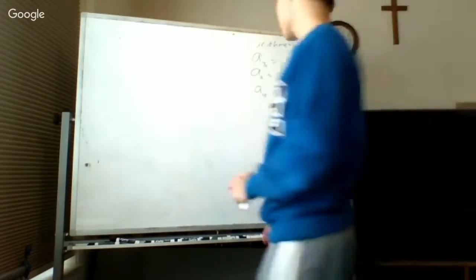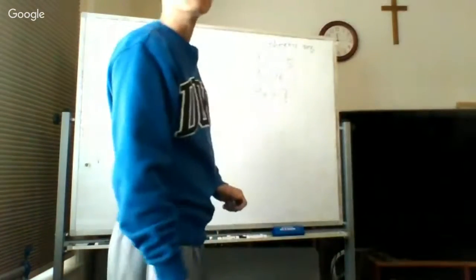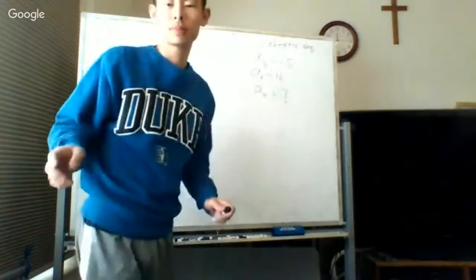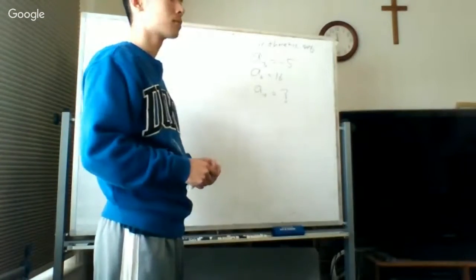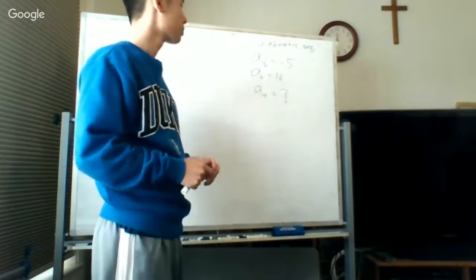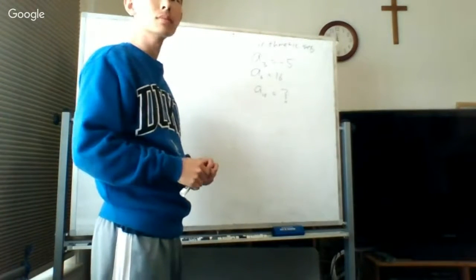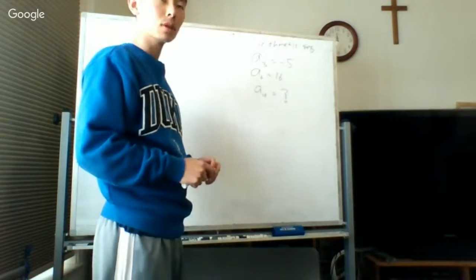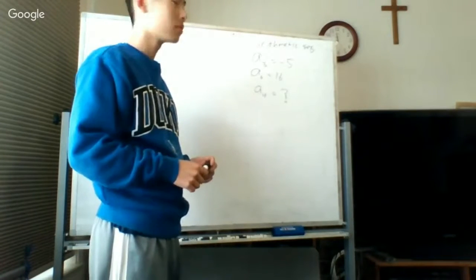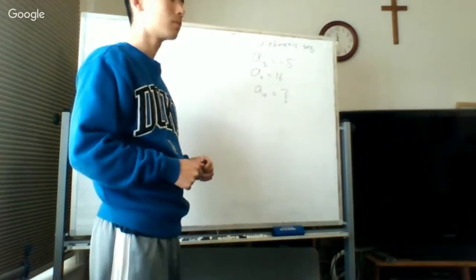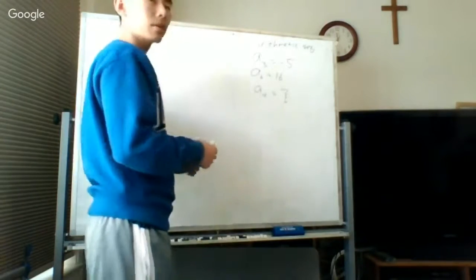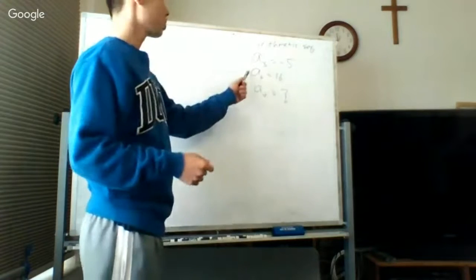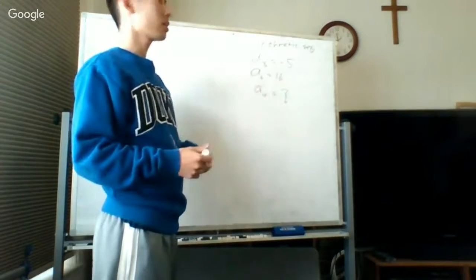Okay, so let's just go over this. William, what did you do? I took the difference between A3 and A6, and I found the difference, and that's D. So what's the difference between A6 and A3?